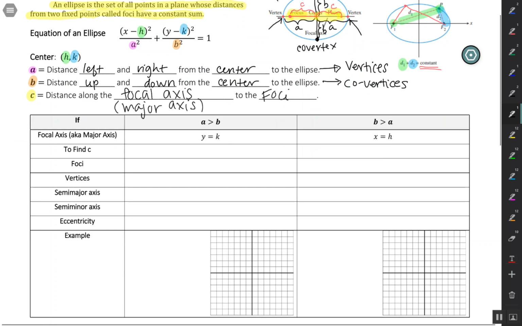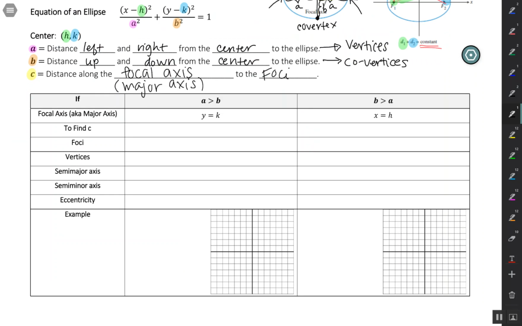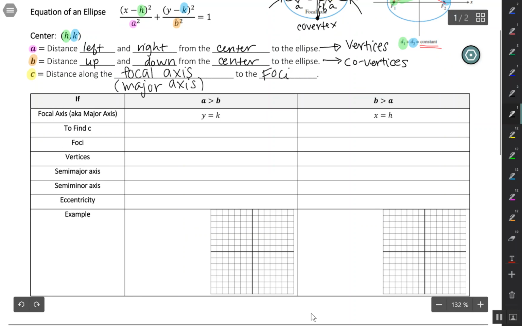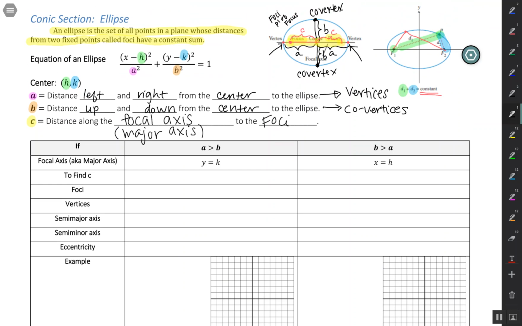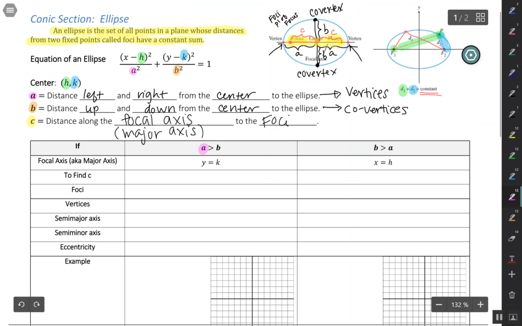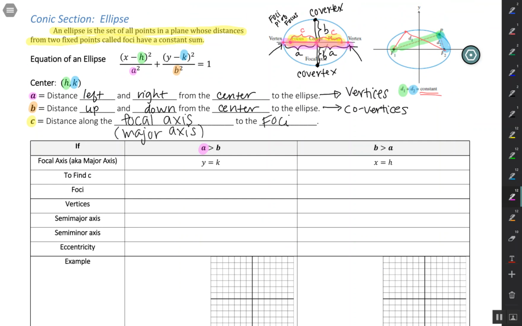Okay, so now we're going to fill out a table that describes what's the difference if a is greater than b or b is greater than a, and that's going to change some things, and we're going to do an example. First we're going to start with a greater than b. a is the number that is underneath the x, and I showed you that a gave you these distances to the vertices.